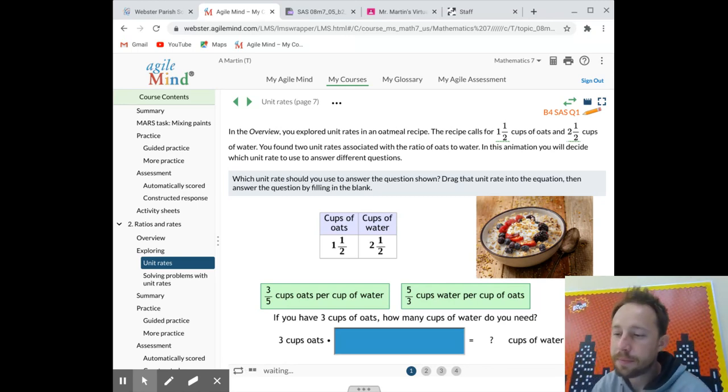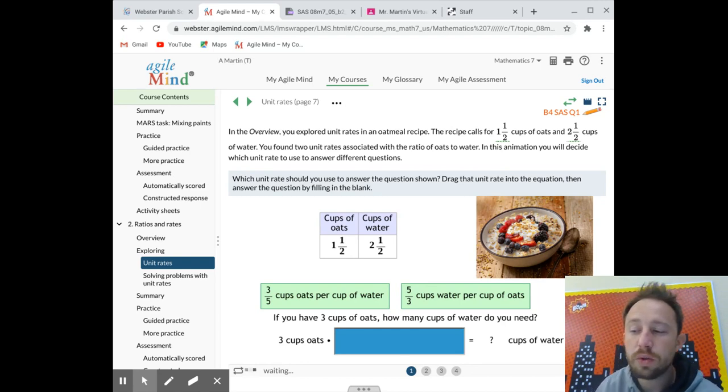Now, I'm going to give you a scenario. Say, for instance, we can run 1.5 miles in a half hour. How far could you run in 1.5 hours? I'm going to restate that.